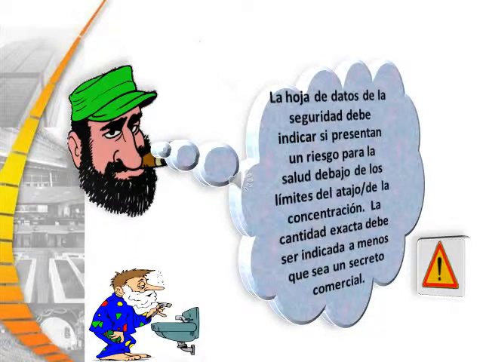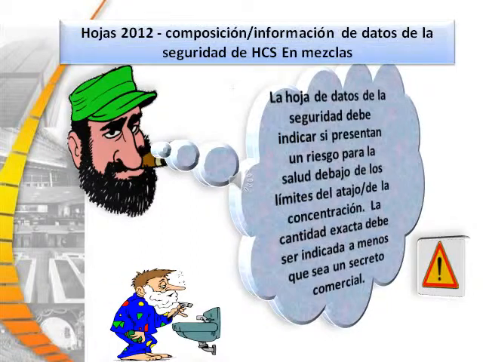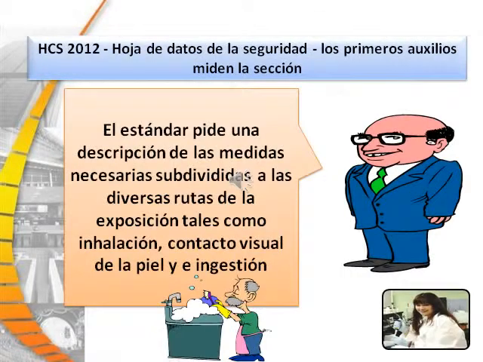The exact amount should be stated unless it is a trade secret. The standard calls for a description of necessary measures subdivided into different routes of exposure, such as inhalation, skin and eye contact, and ingestion.